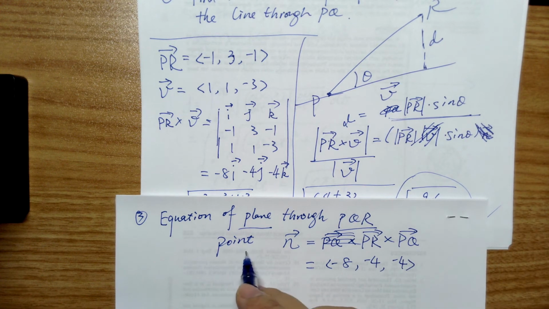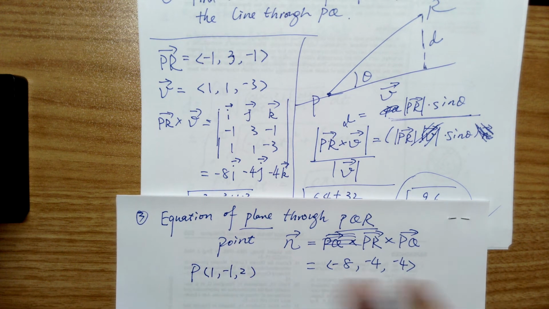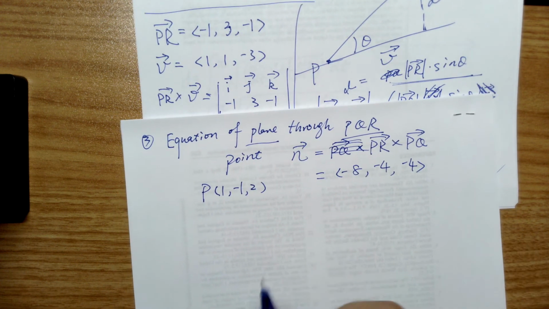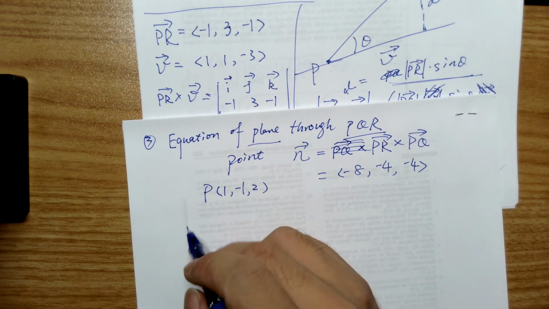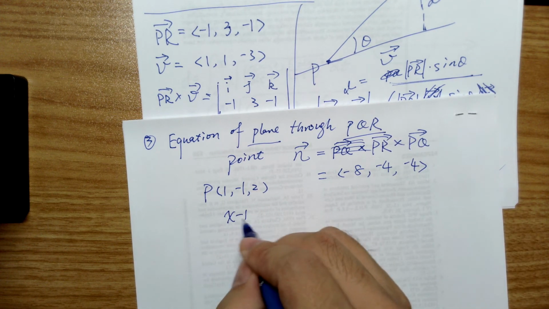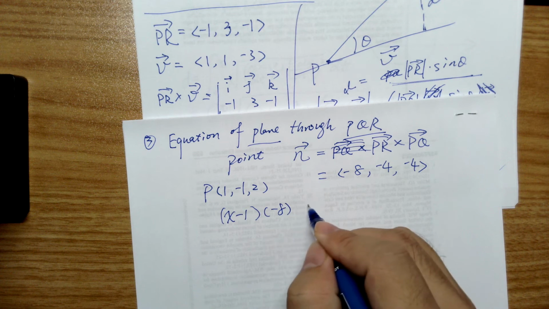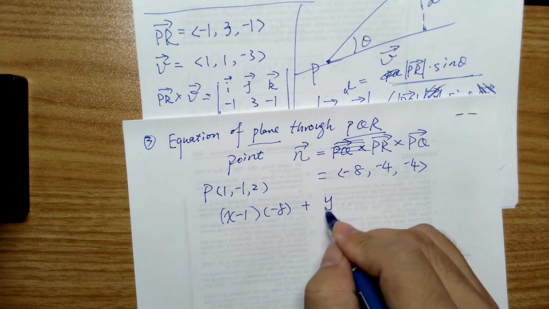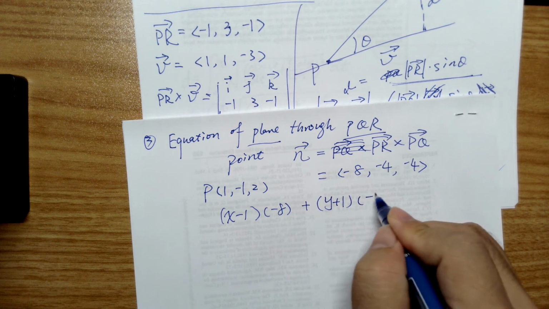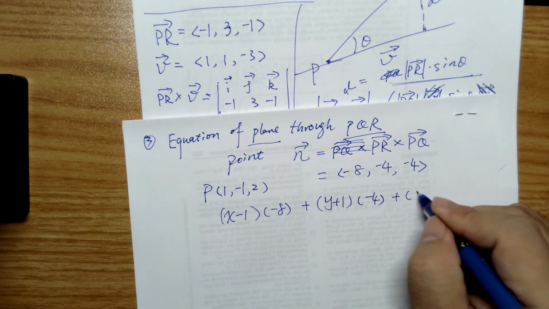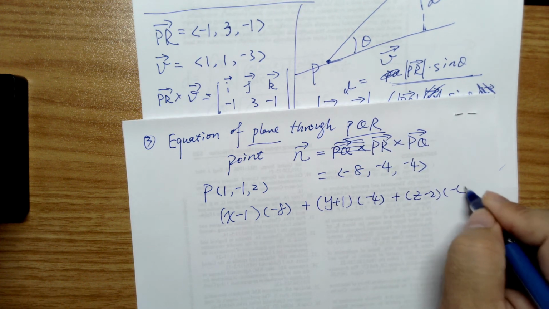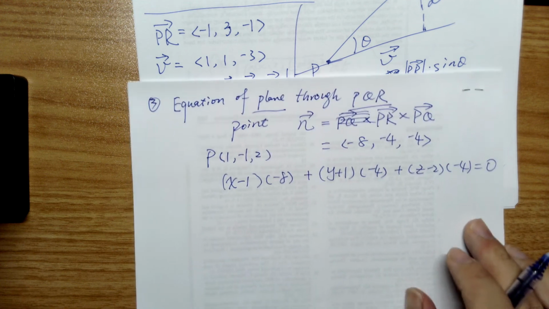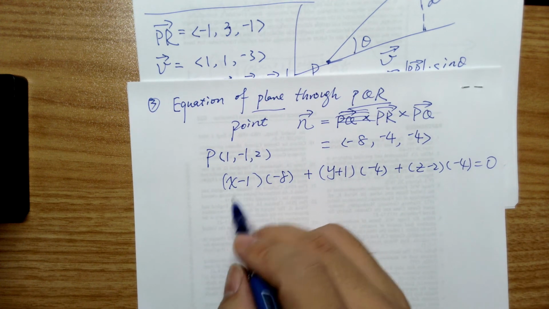And then we can pick the point P, which is 1, -1, 2. With those two, the equation of the plane is x minus 1 times -8, plus y plus 1 times -4, plus z minus 2 times -4 equals 0. Of course, you can simplify.